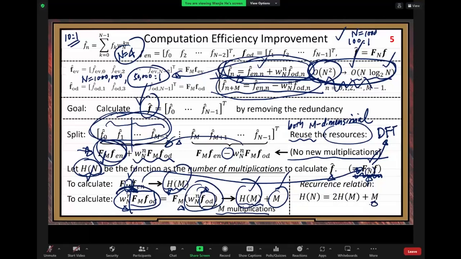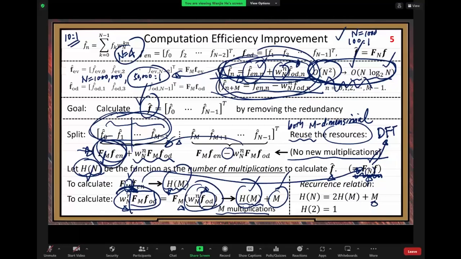Then we need a base case. So base case, H of 2 equals 1. You can see easily from this formula, because when the size equals 2, you split first half, second half, each one just one number. So you only need to do one W multiplication, because this part you do not need to do.